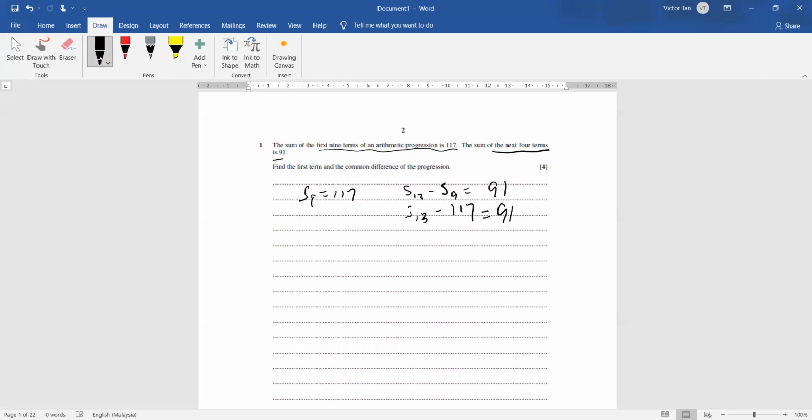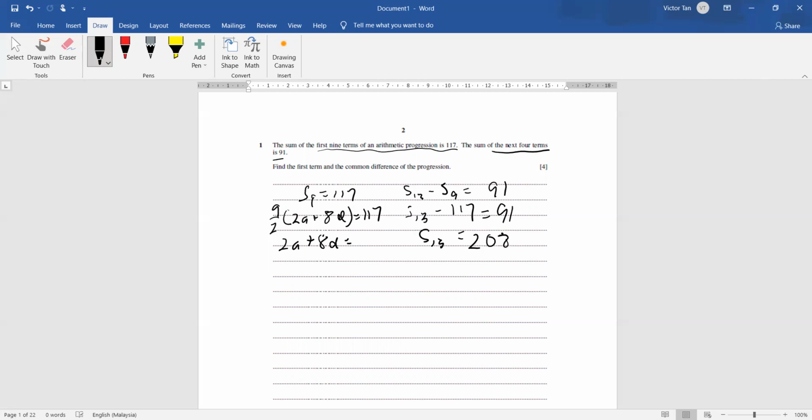Equals 91. I'm going to try and make this video as short as possible. S13 equals 208. Okay, so S9 following the formula is 9 over 2, 2a plus 8d, equals 117.